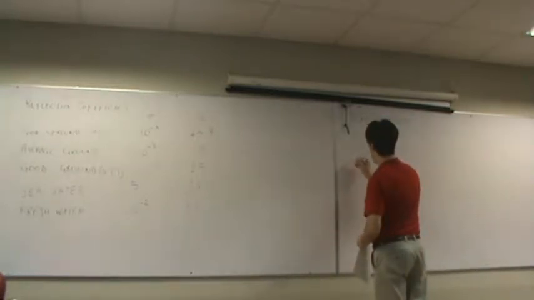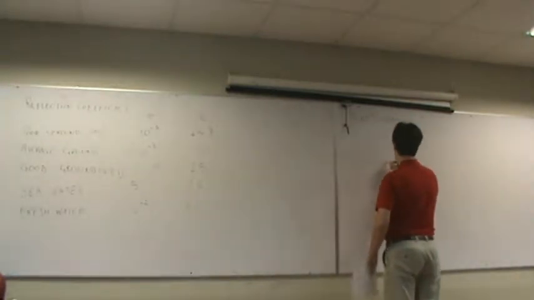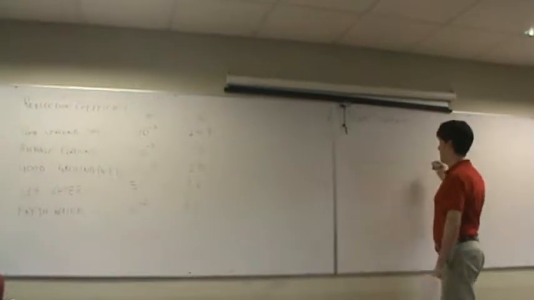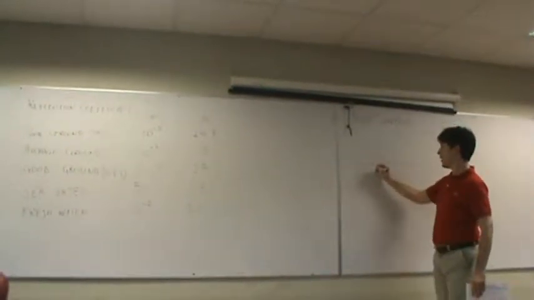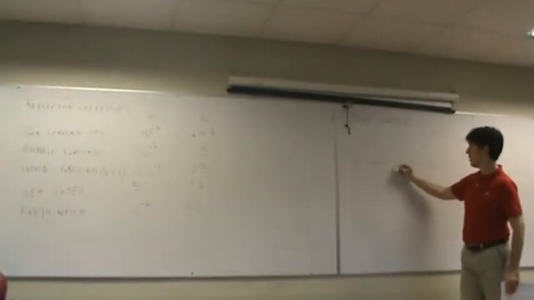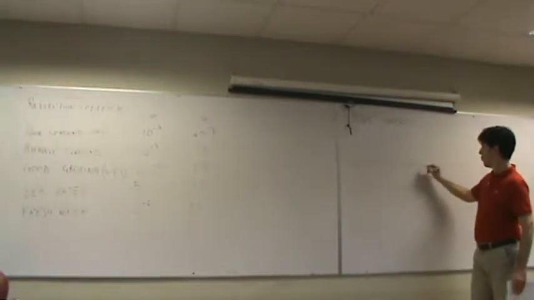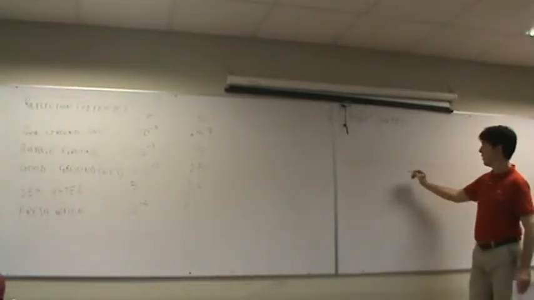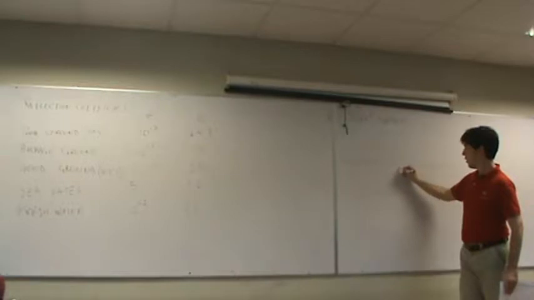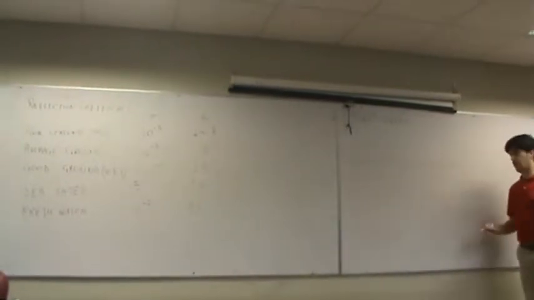Okay, let's imagine that we have a perfectly flat, smooth, reflecting ground, characterized by a reflection coefficient rho, whatever it is.